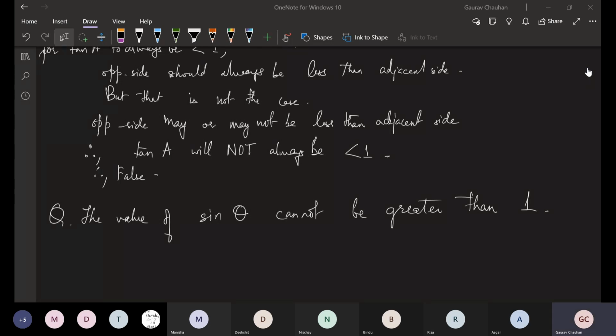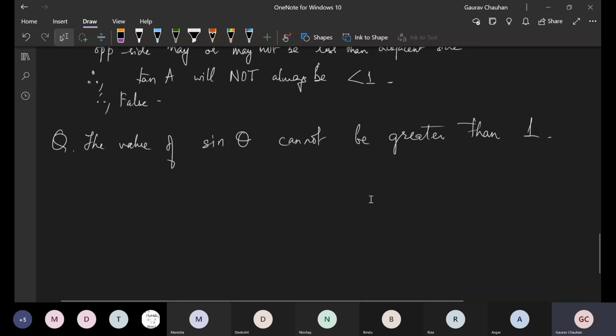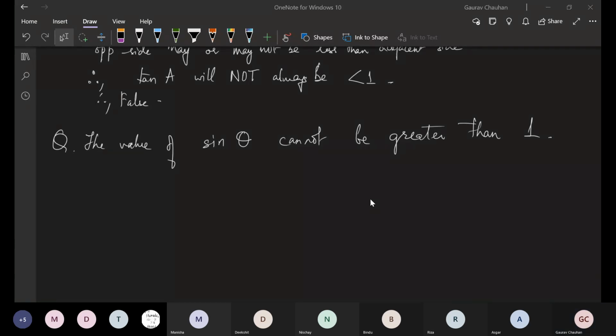Okay, I'll go to MG this time. MG, go ahead, unmute and speak. The value of sine theta cannot be greater than 1. Why do you think so? Yes or no? Please speak, MG. Go ahead.